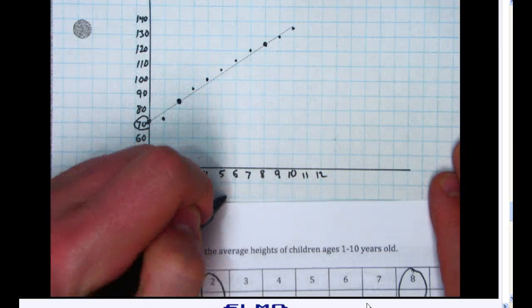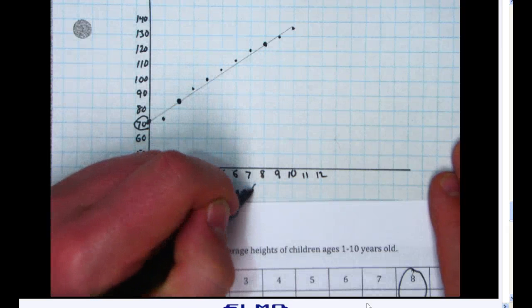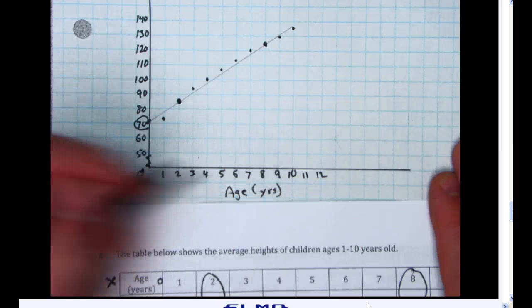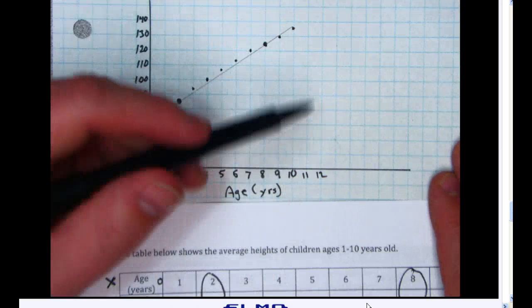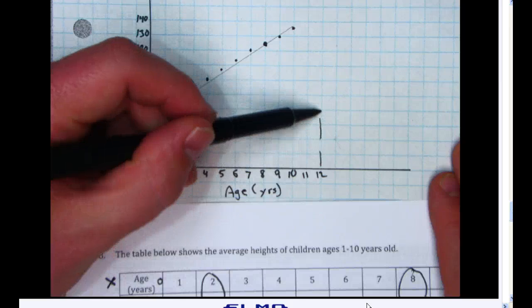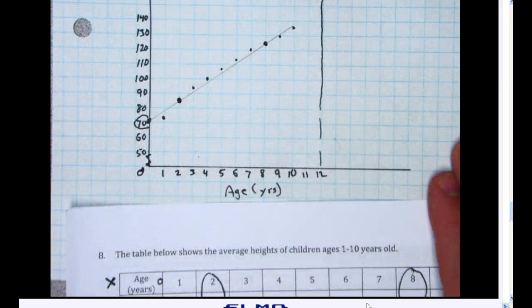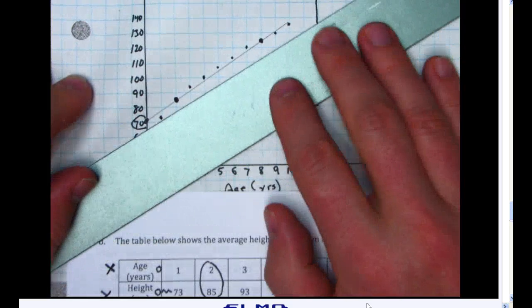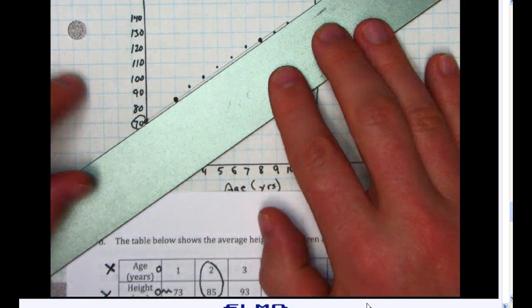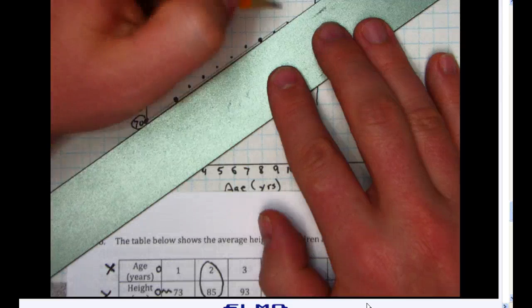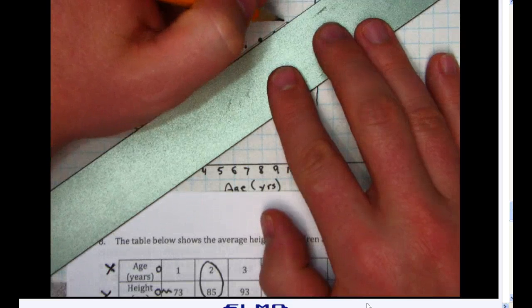By the way, I should write age down here and put years in parentheses. Okay. So if we extend this up and extend our line of best fit out, right about there, okay.